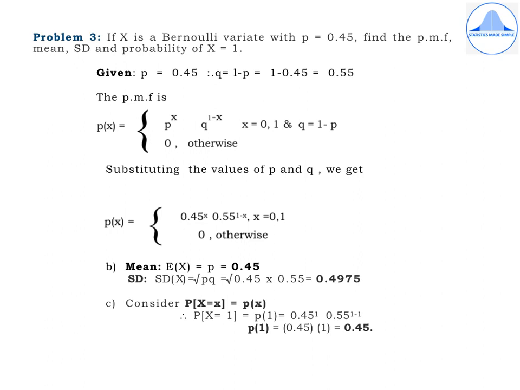Now what should you do? In the PMF, wherever you have x, replace it by 1. So which results in 0.45 to the power 1, 0.55 to the power 1 minus 1. And any number to the power 0 is 1. So the final answer is p of 1 is equal to 0.45.